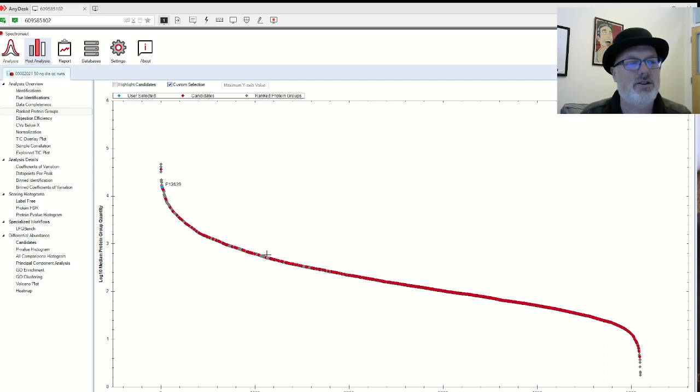And usually your quantitative accuracy is going to be influenced by the intensity of the signal. So you're probably not going to be able to quantify these as accurately as you can on the top. So keep that in mind. But I love this graph. This is one you should always look at.